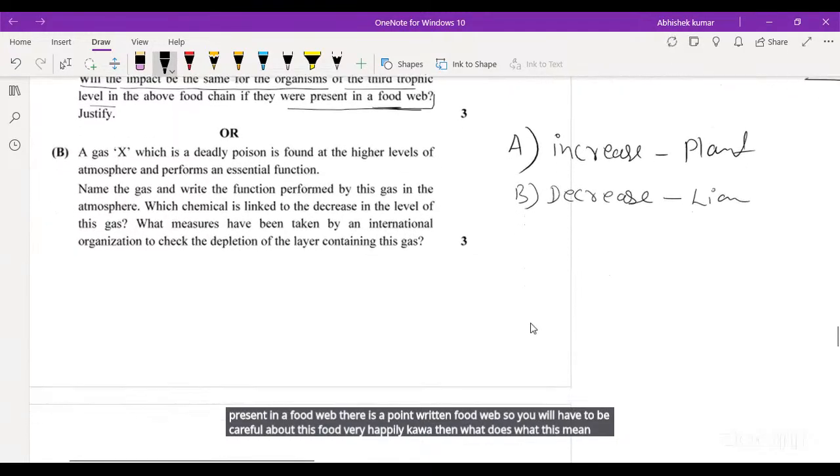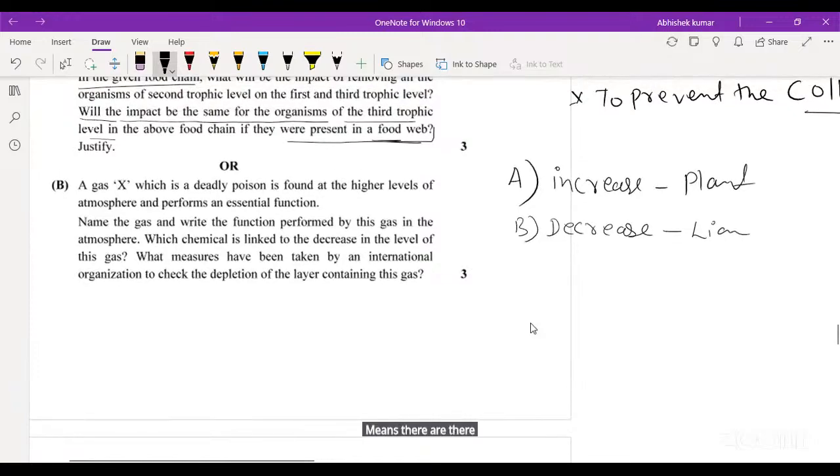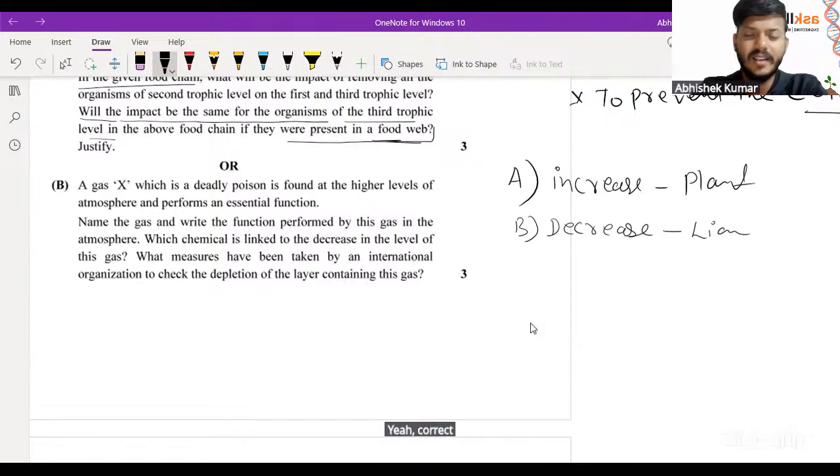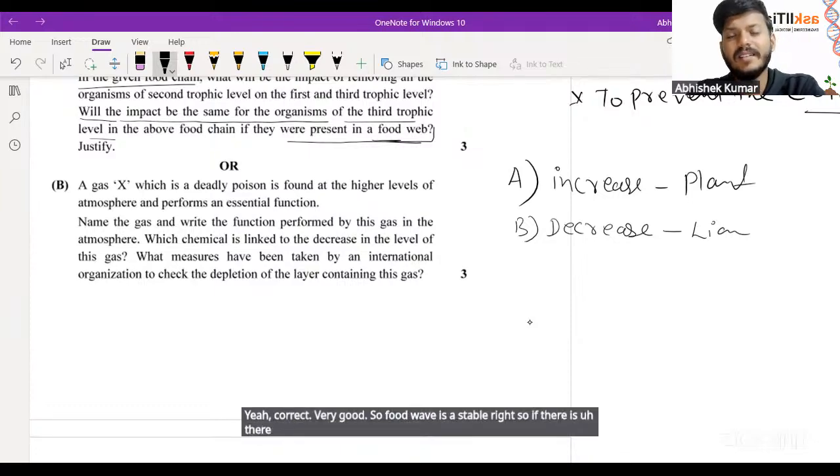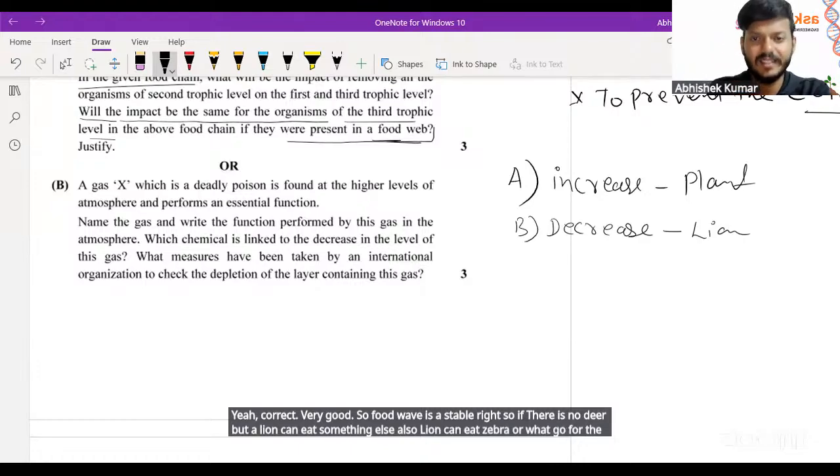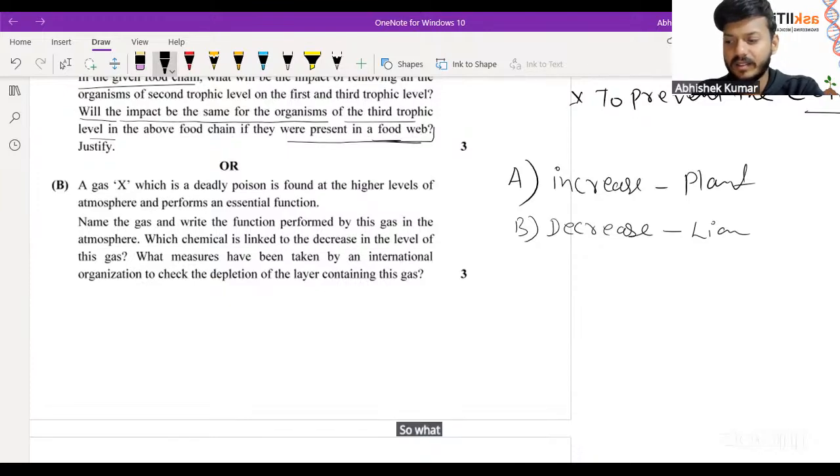It means there is more than one food chain present in a food web. Correct, very good. So a food web is stable. If there is no deer, the lion can eat something else also, like zebra or rabbits.